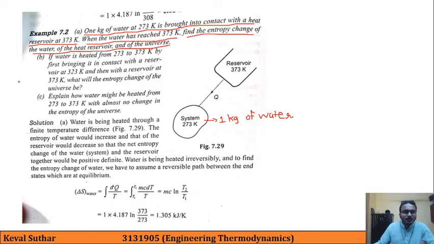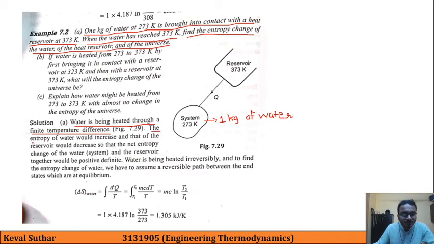So there are 3 different parts of this question. So first we will solve A, then we will focus on the remaining parts. So here water is being heated through a finite temperature difference, that is of 100 Kelvin. So obviously the water will get heated because it is going from 273 to 373.